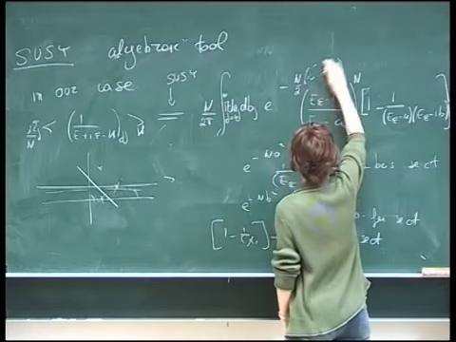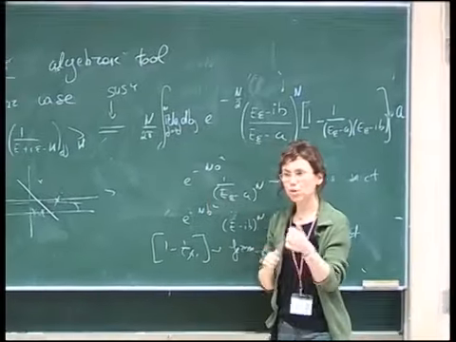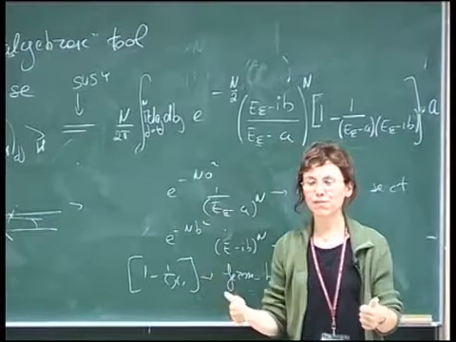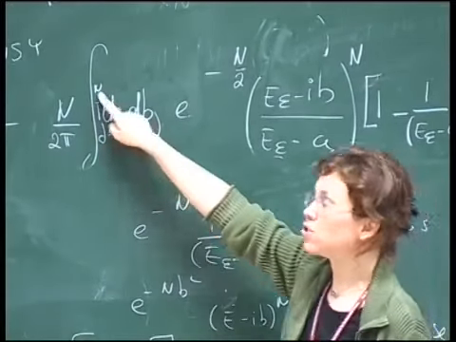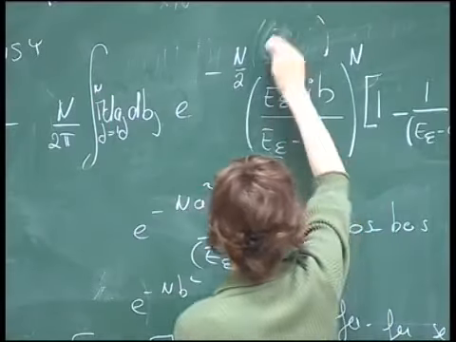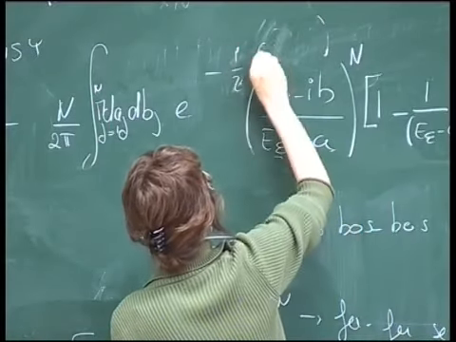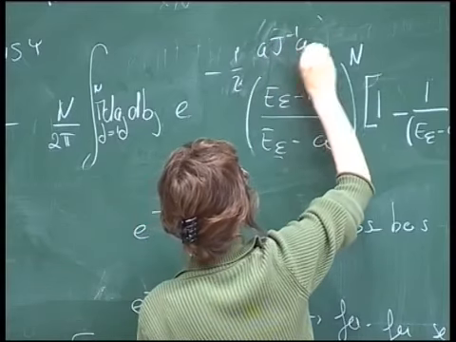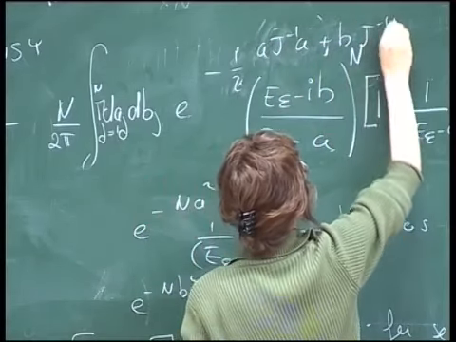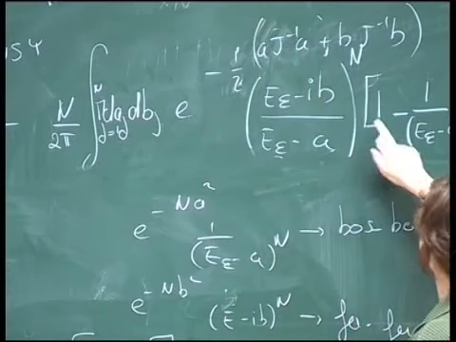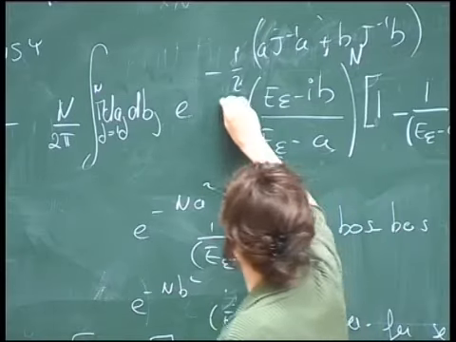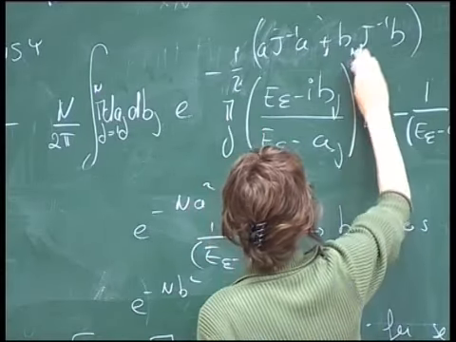Instead of having just one A and one B, I have one A for each lattice point and one B for each lattice point. So now I have a huge number of variables. And here I have a quadratic form, A_{j-1}A plus B_{j-1}B. There is some quadratic form. Here I have a determinant, and here I have a product over j of this thing.